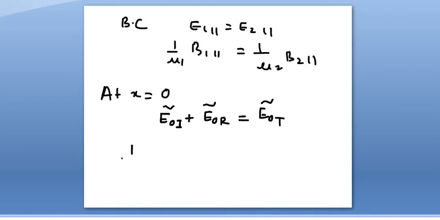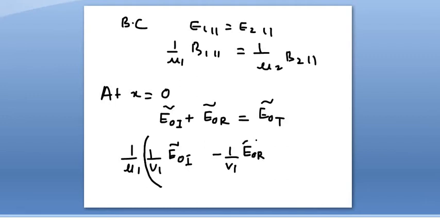So it will come out to be 1 by mu1, 1 by V1, E0I for the incident, and minus 1 by V1, 1 by mu1, E0R. Let us take 1 by mu1 common. Is this clear?